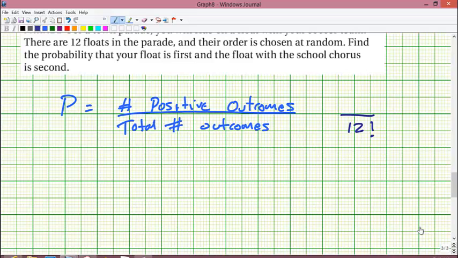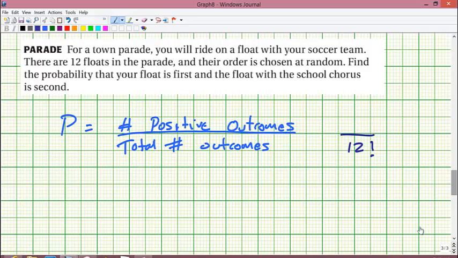The trickier thing is thinking about the number of positive outcomes. Now, let's think about the situation. You want to know how many outcomes have your team first, we'll call your team A, and the school chorus second. So those two positions are fixed, but the rest of the floats can be in any position. So you've got teams C, D, E, F, G, H, I, J, K and L. That gives us 12.